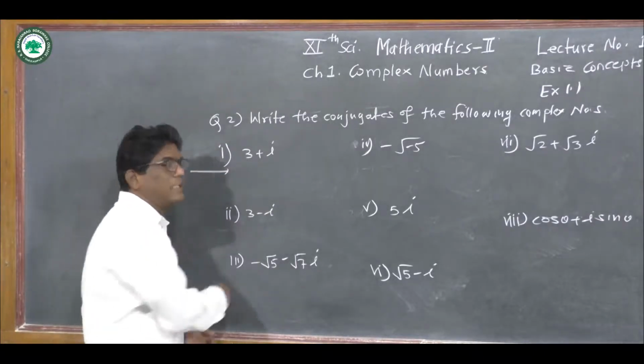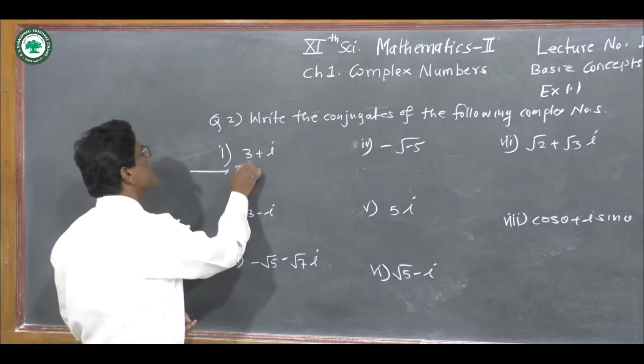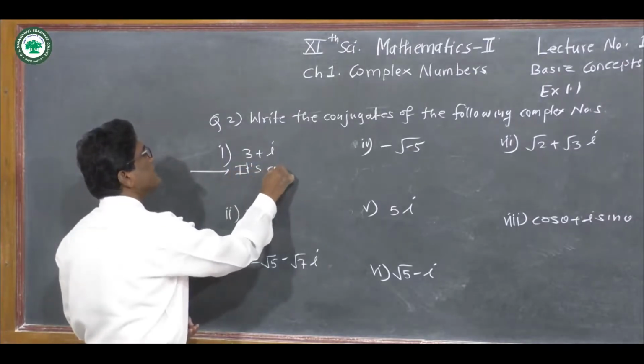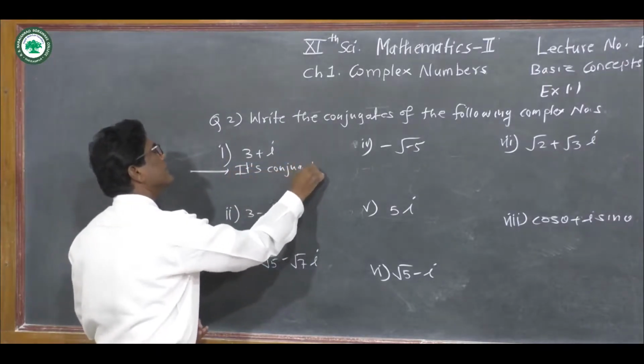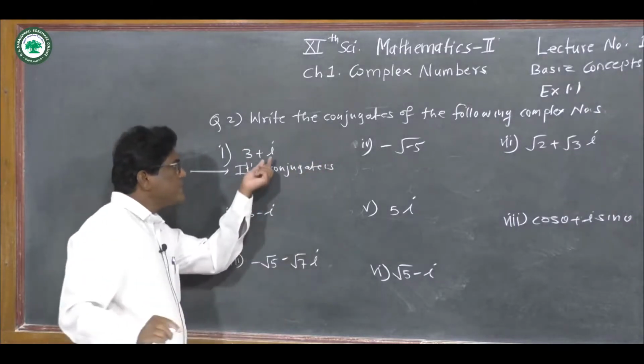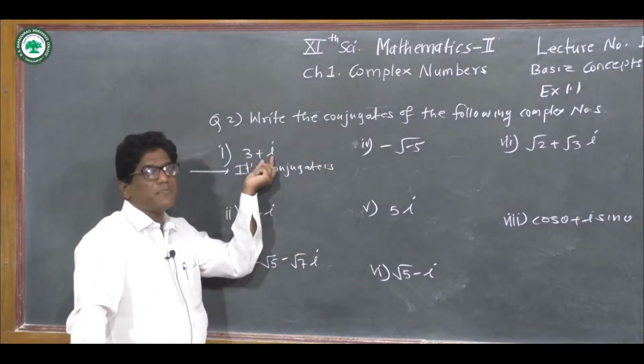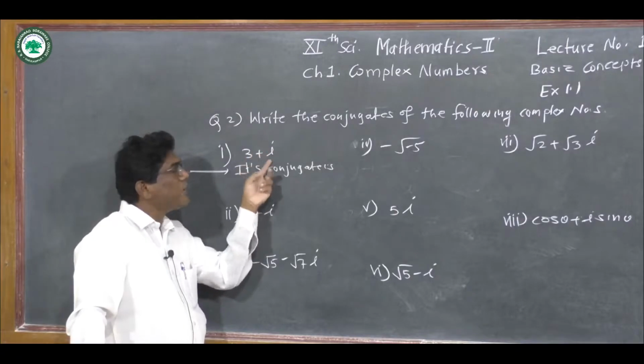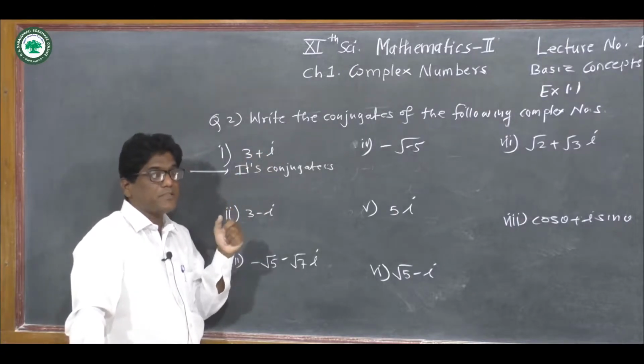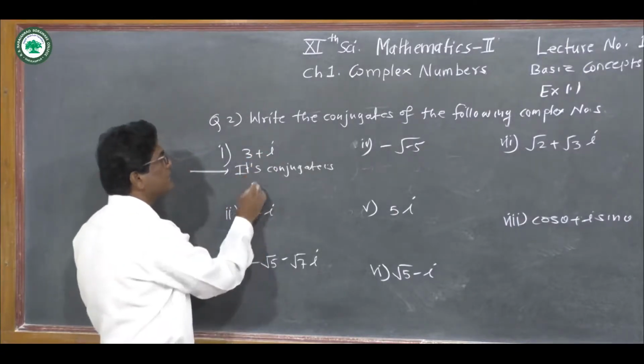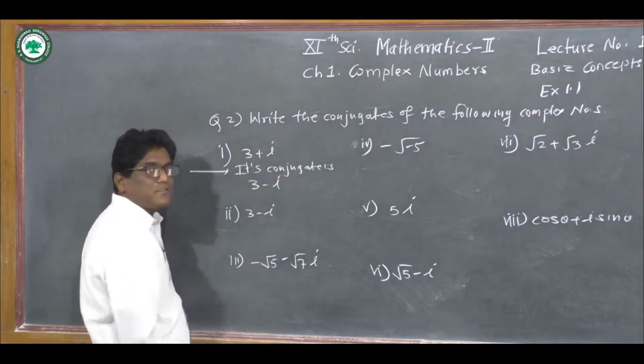Answer is in one line. Its conjugate is, we only change the sign of the imaginary part, the i part. So here 3 minus i is the conjugate.